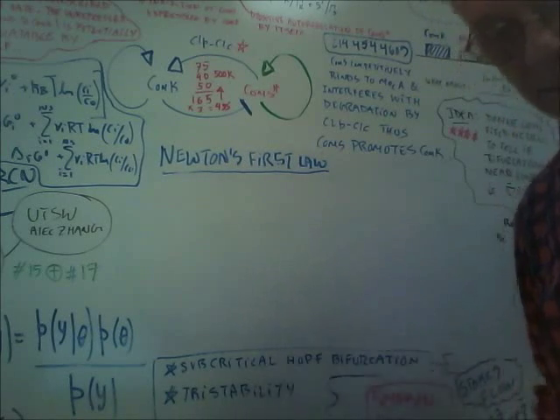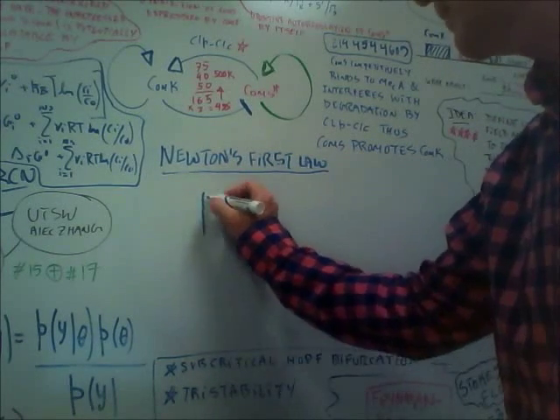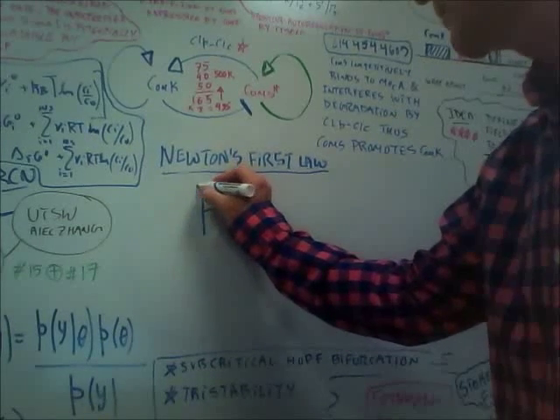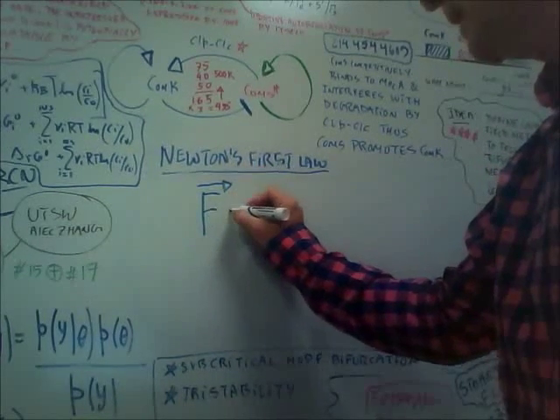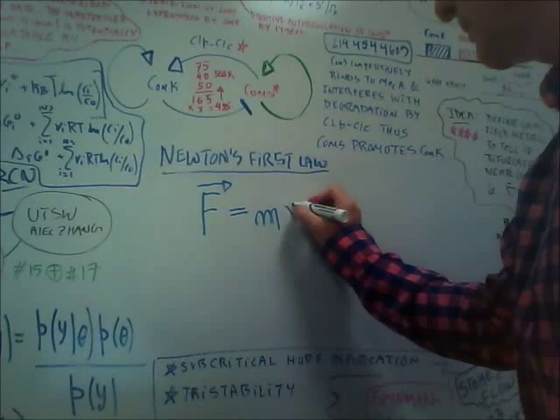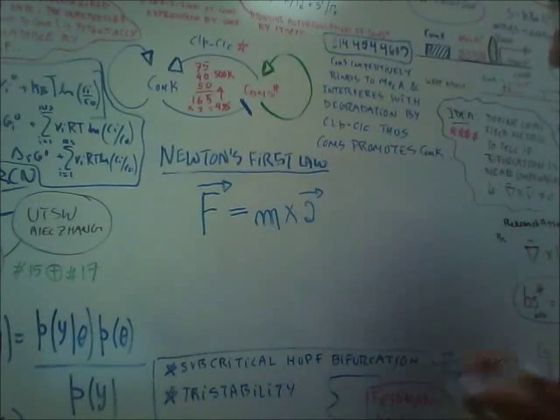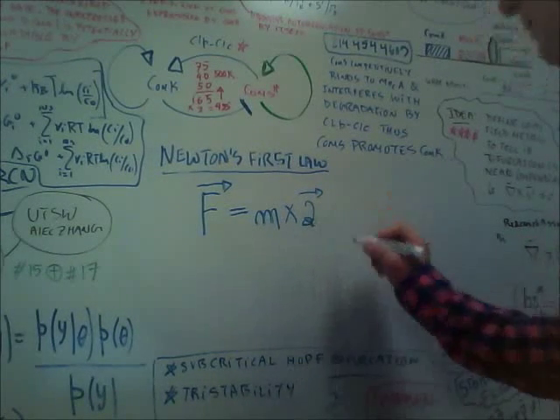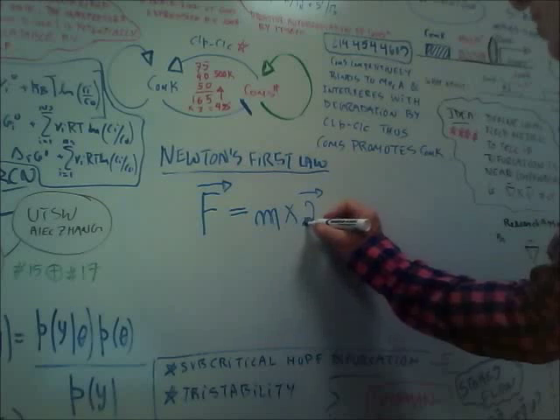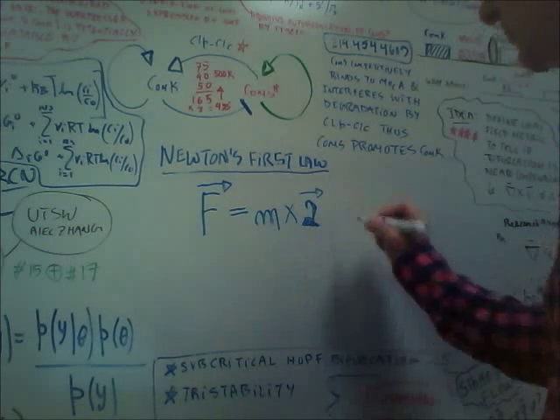Okay, so now I want to talk about something that some of you may have already noticed about Newton's first law, which is very interesting. F is equal to m times acceleration. Well, we said that acceleration was equal to the change of speed per unit time.